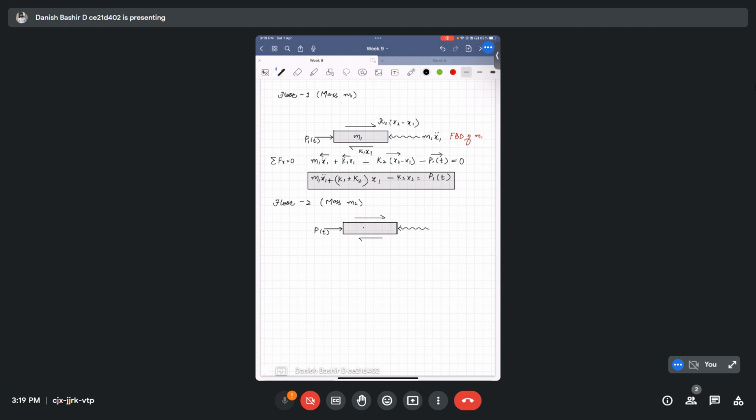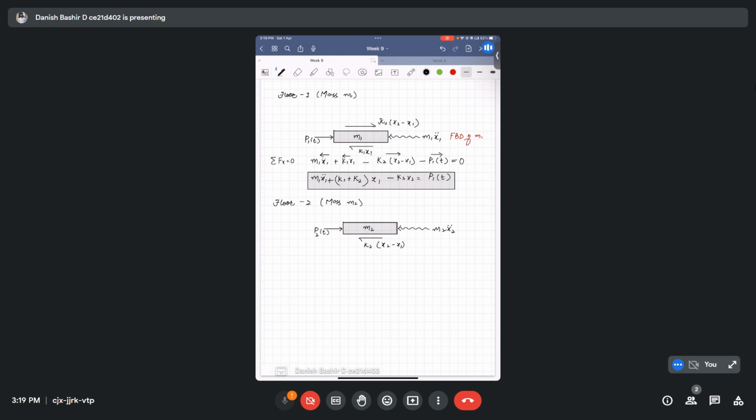So this will be m2, and this will be p2 of t, this will be m2 x2 double dot. X2 double dot is the acceleration of the second floor, and the restoring force will be acting in this direction, k2, and the relative motion is x2 minus x1 with respect to the columns, and p2 of t.